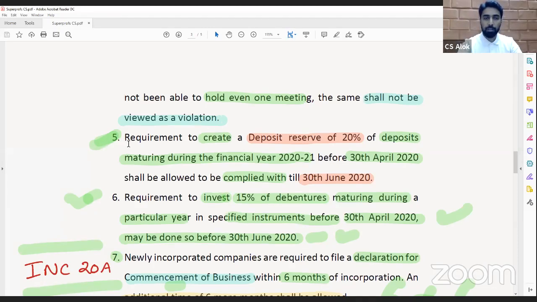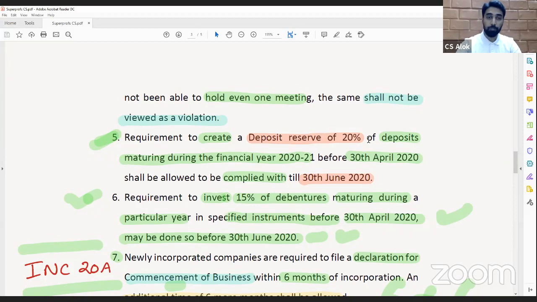Okay. Then we come to the fifth amendment. I hope you're understanding. The requirement to create a deposit reserve of 20%. Here we have sections 73, 74, 75, 76 and 76A. All deposit related provisions come into the picture. So a deposit reserve of 20% has to be created as per the deposit provisions of the Companies Act 2013.